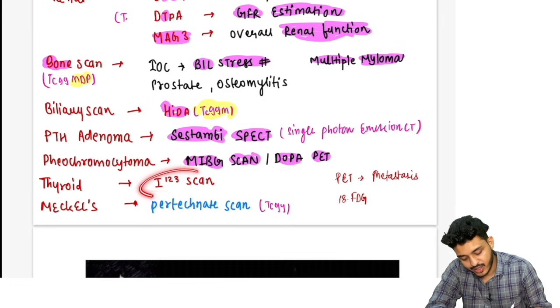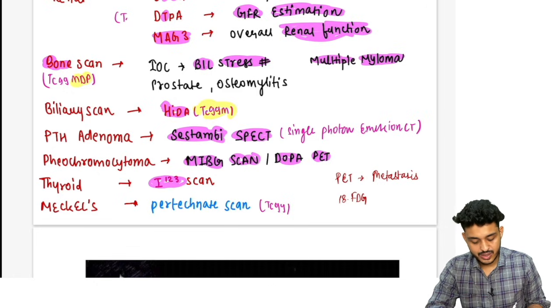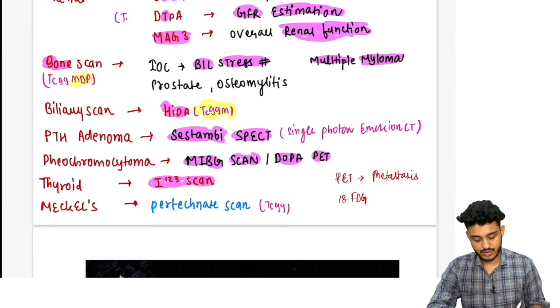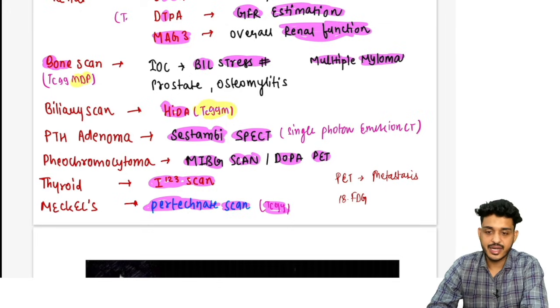Then the thyroid scan that we use is going to be an iodine-123 scan. And for Meckel's diverticulum we use the pertechnetate scan. This is also going to be technetium-99m.